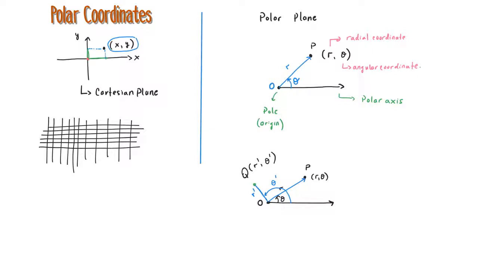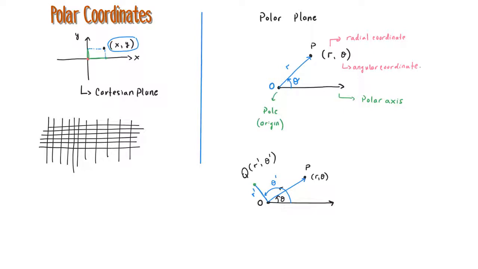But a polar plane doesn't look squarish. It looks more circular. And that's because of the rotation that goes on with theta. For example, imagine, I'm going to switch the color here to something a little bit gentler.